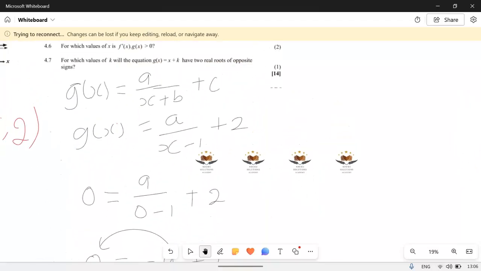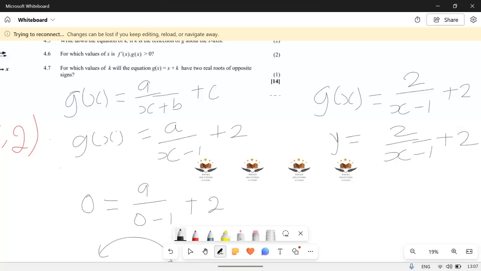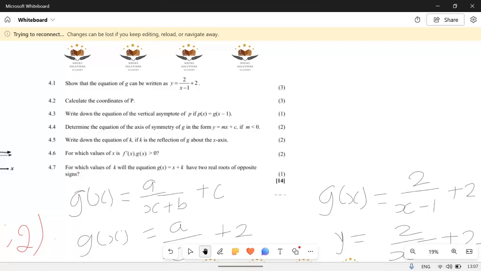It means our g of x will be 2 over x minus 1, then plus 2, which is also written as y equals 2 over x minus 1, and then plus 2. Yes, that's it. It's the same as what they actually wanted here.